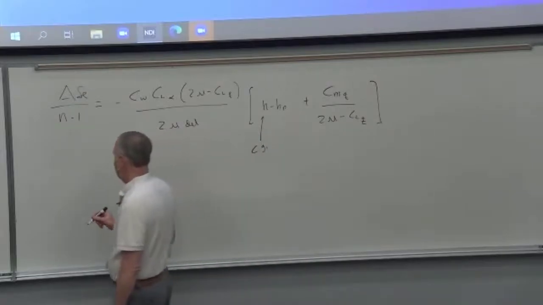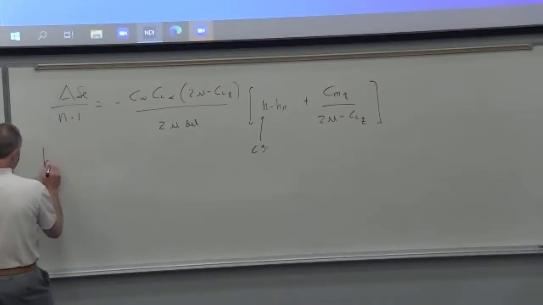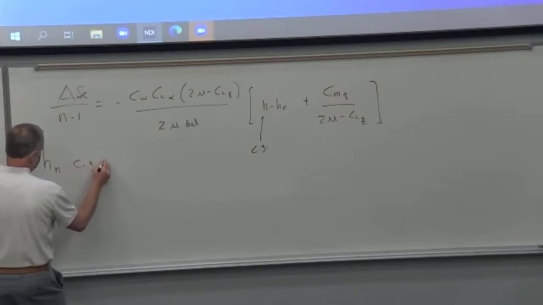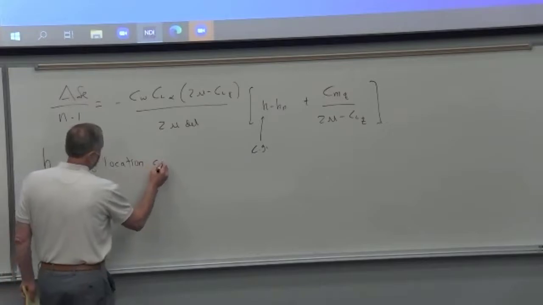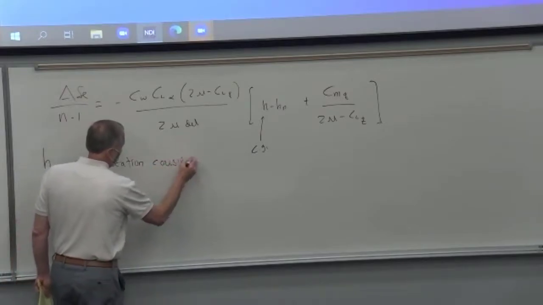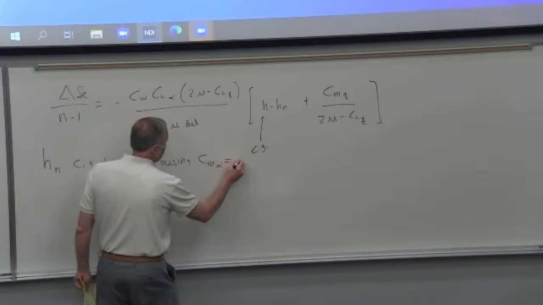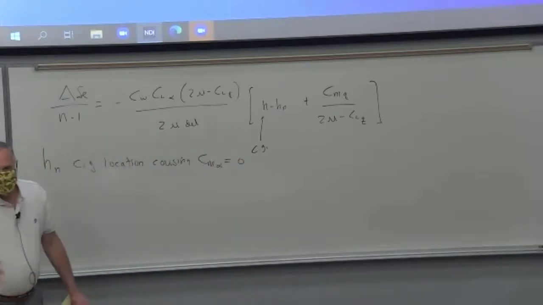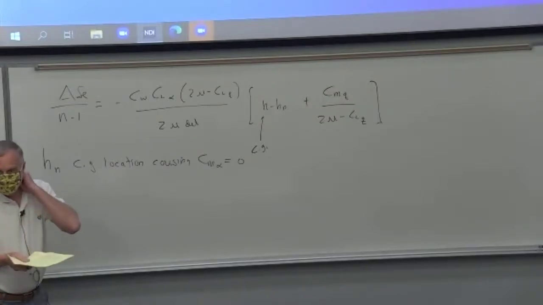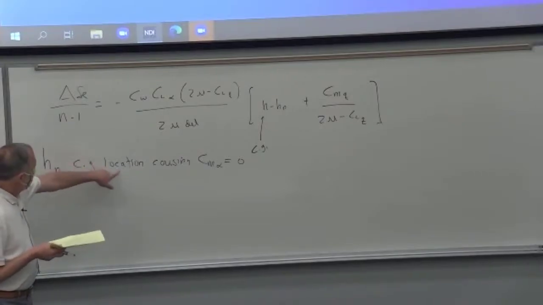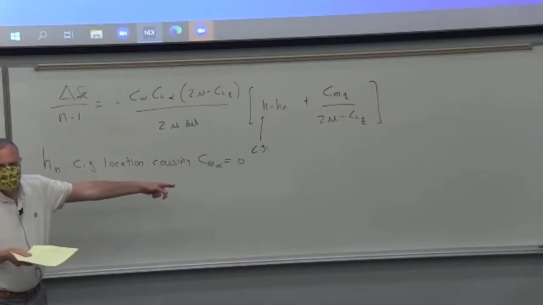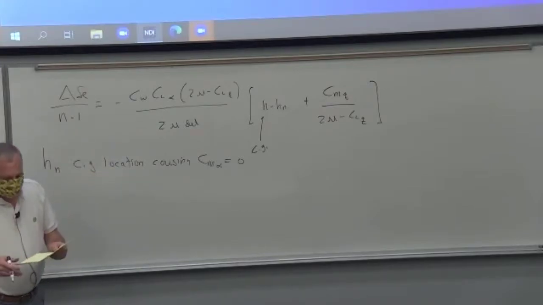And so just like the other things, like the neutral point, remember, is the CG location causing CM alpha to be 0. So that's right on the borderline between being stable and unstable. So if you choose that CG position, then you're on the borderline, and that allows us to avoid that position with the CG. So the neutral point is a CG location where pitch stability is neutral, is marginal.